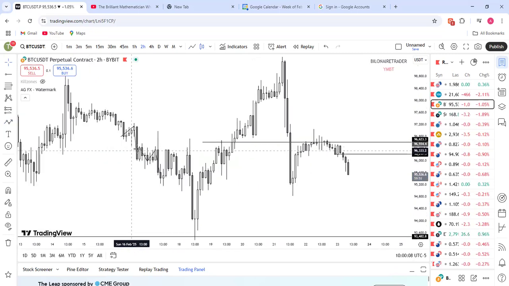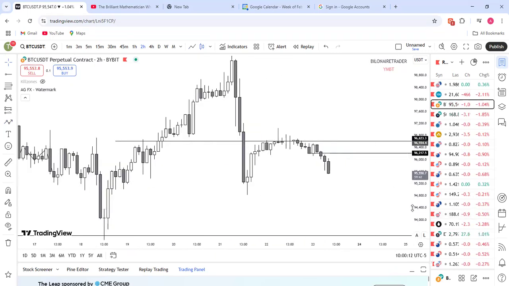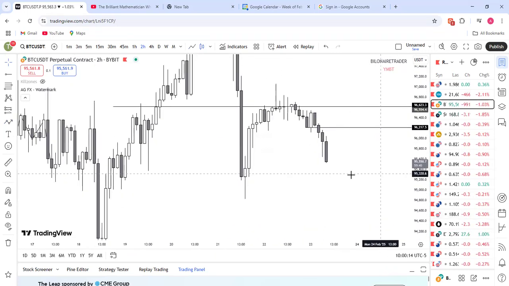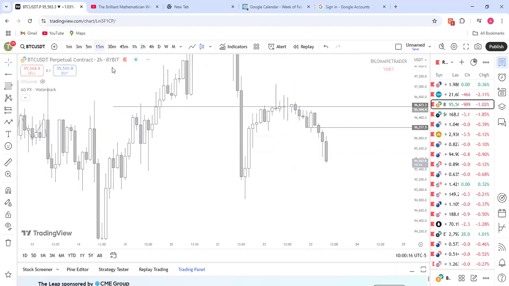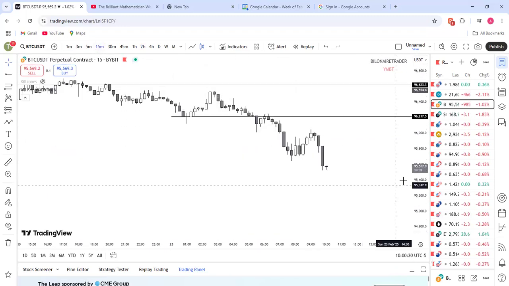So every candle you see forming, for example, thank God BTC is still active, let me see a lower time frame. If you look at this value of number that is here, 95577.9, if you observe this place very well, you can see that the number is changing, right? Why is it changing?